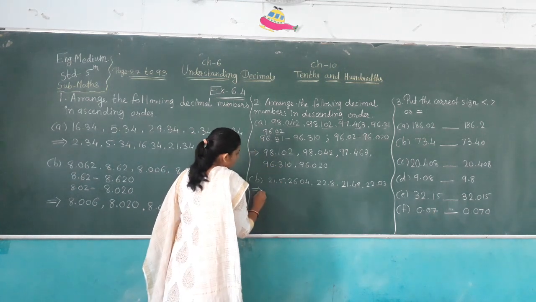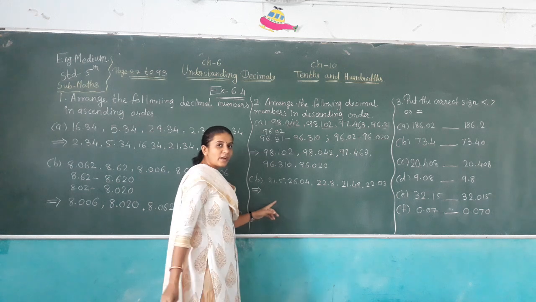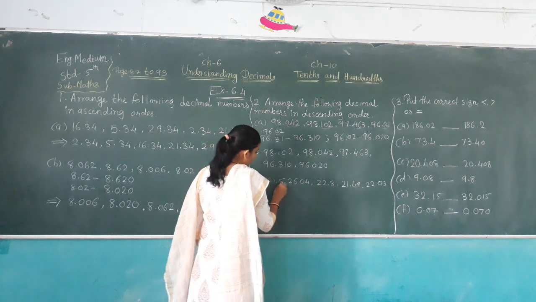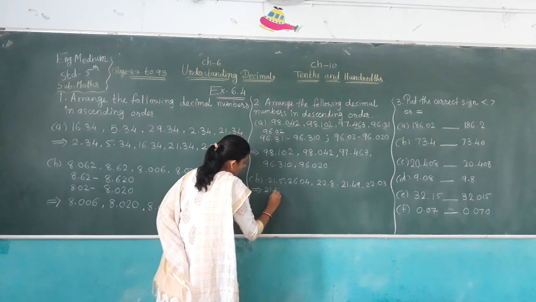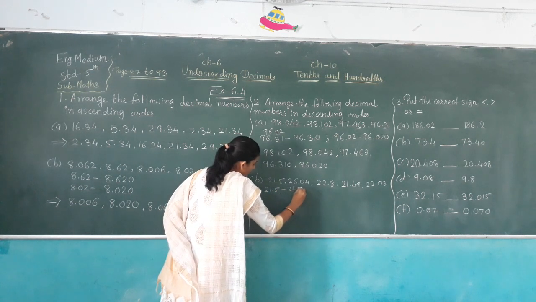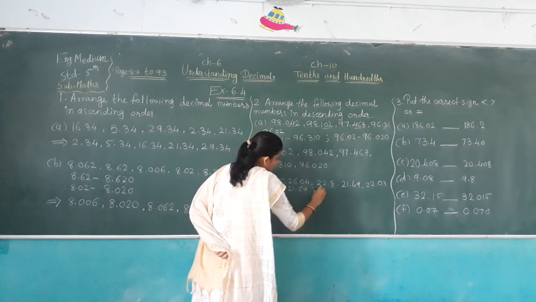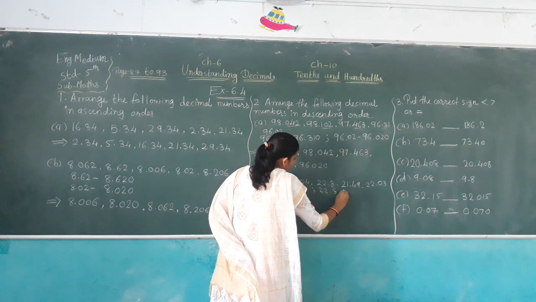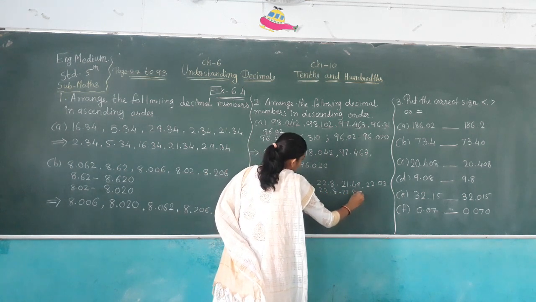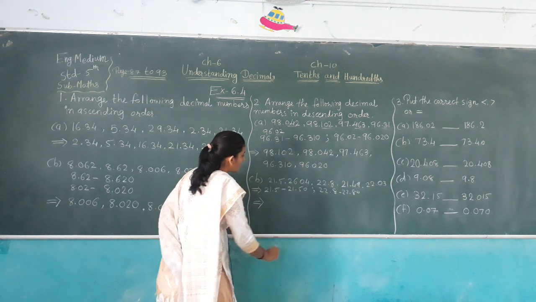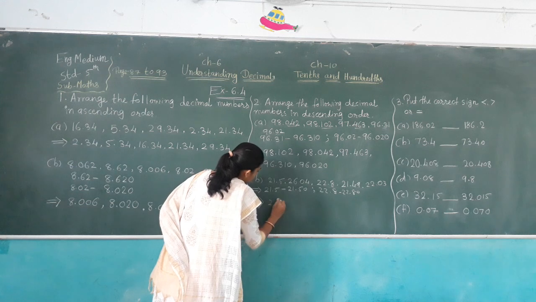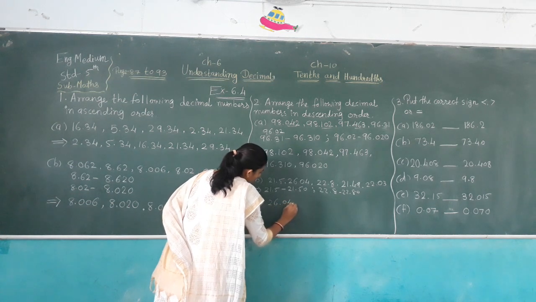Now next one, first check it. All decimal places are not the same after the point. Here 5 is 1 digit, here also 1. So first 21.5 becomes 21.50 and 22.8 becomes 22.80. Now arranging in descending order. First find the greater number, so 26.04.